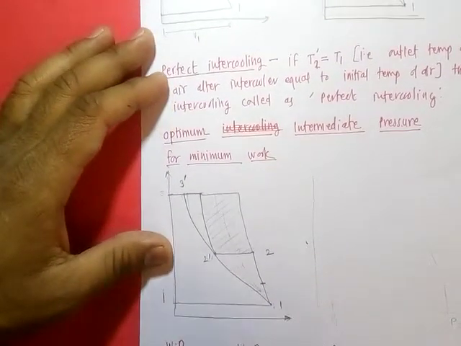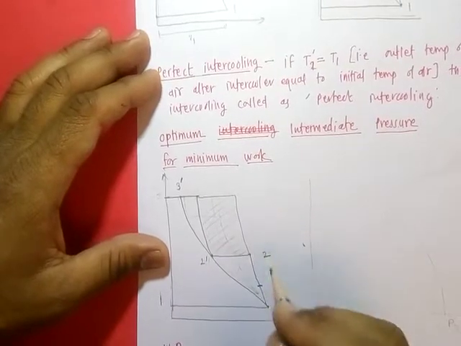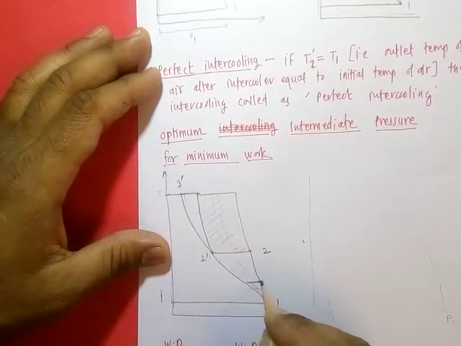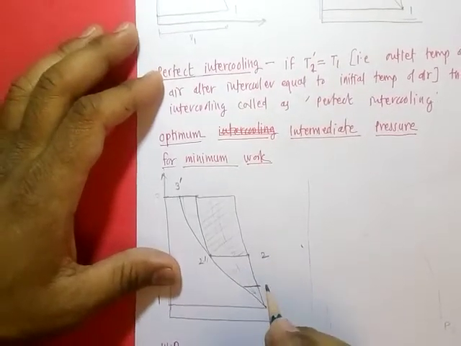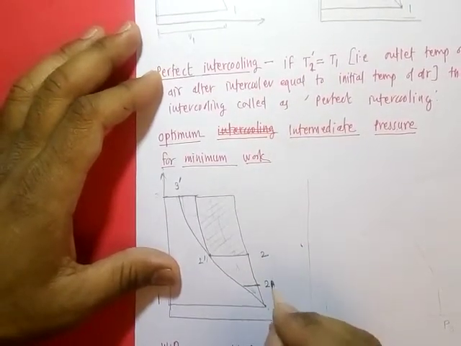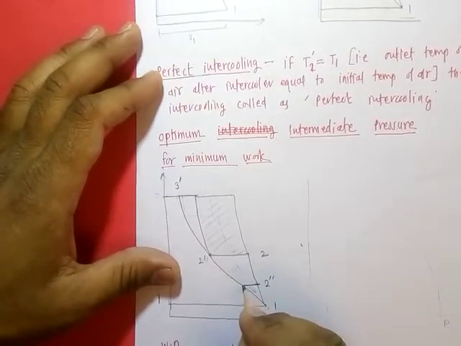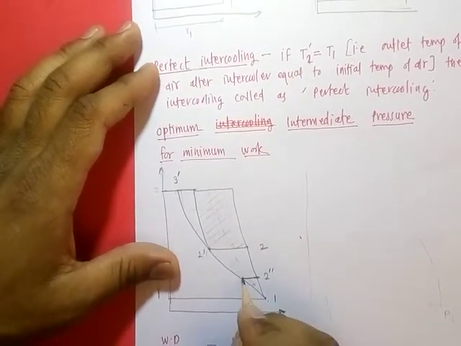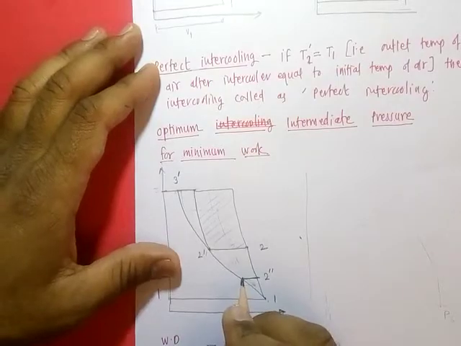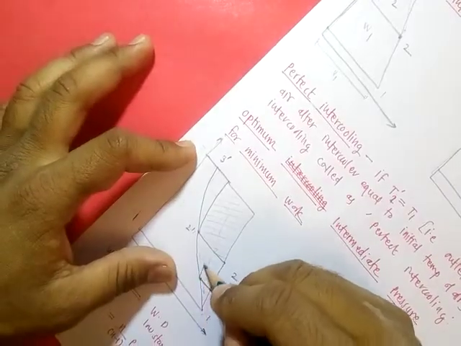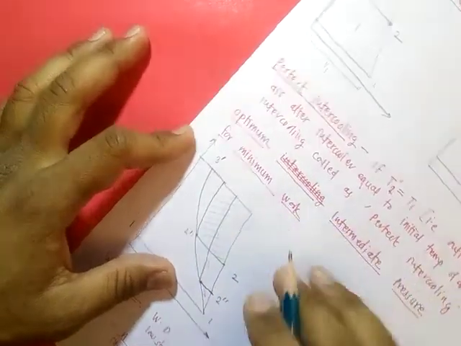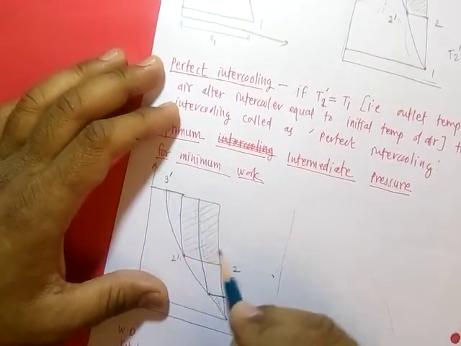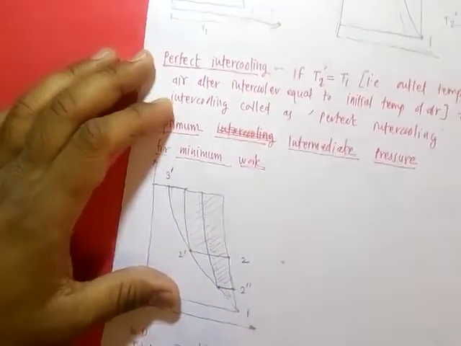Now suppose we reduce this pressure to some lower intermediate pressure. Then by isothermal cooling we will get this point T2 double dash as the outlet of the intercooler. Then again there is compression to high pressure, and the work saving is only this much.